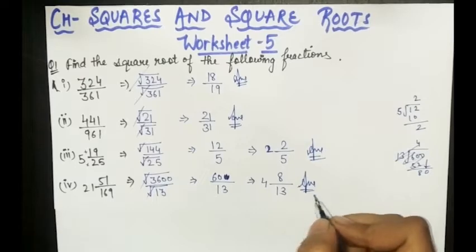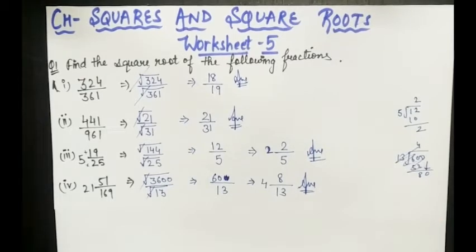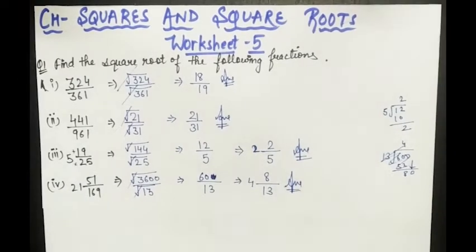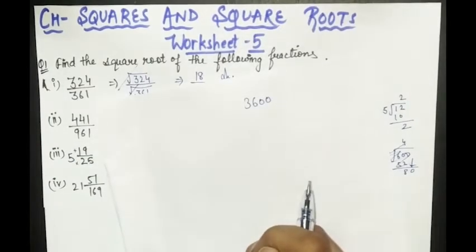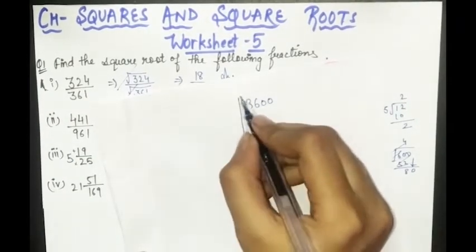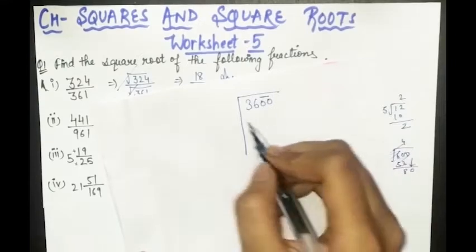Now you will be in the situation of asking why there is 60 instead of 600. Now find the square root of 3600, then you will come to know. Look, 3600, and then this one pair and one pair.